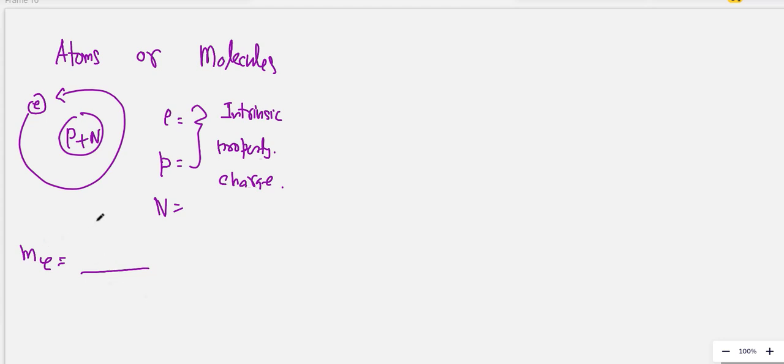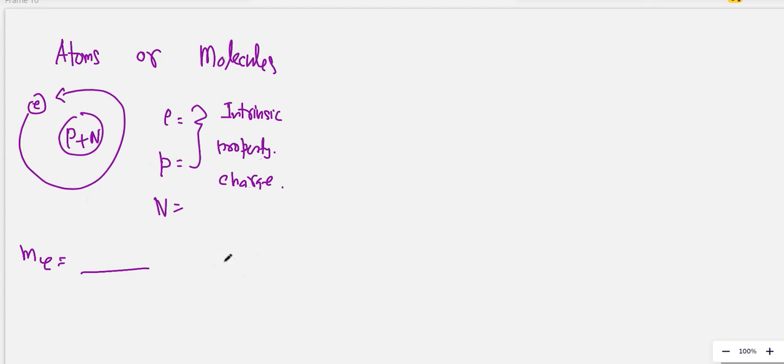So this property is created along with the creation of this particle, and that is why we call it an intrinsic property. For example, the mass of an electron is an intrinsic property, and the mass of a proton is an intrinsic property of the proton. Similarly, the charge of an electron and the charge of a proton are also intrinsic properties. Are you getting my point?